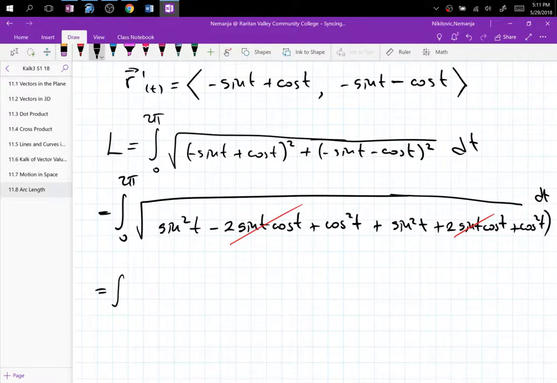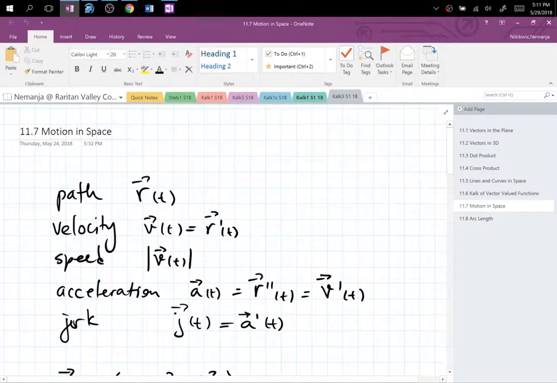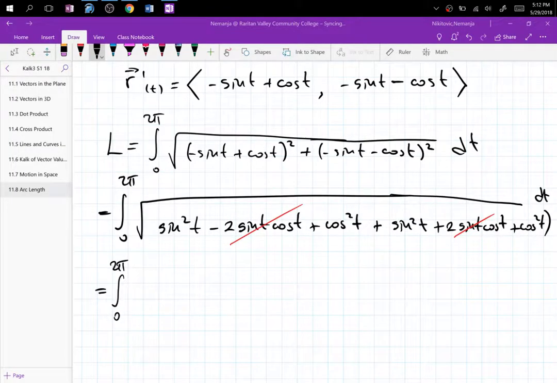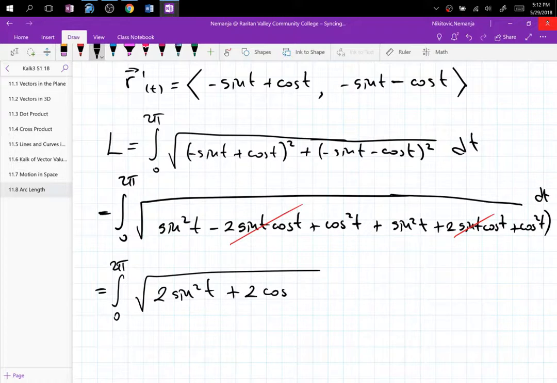so what I can do is, 0 to 2 pi, I have sine squared t plus another sine squared t, so that's 2 sine squared t plus 2 cosine squared t dt. We can kick out root 2, right?